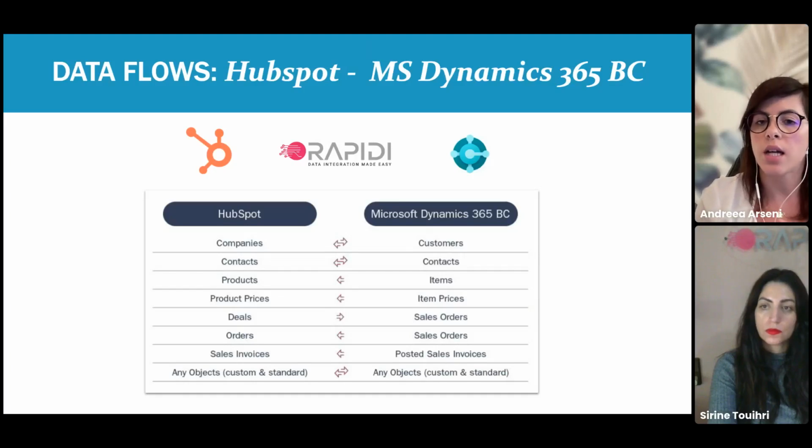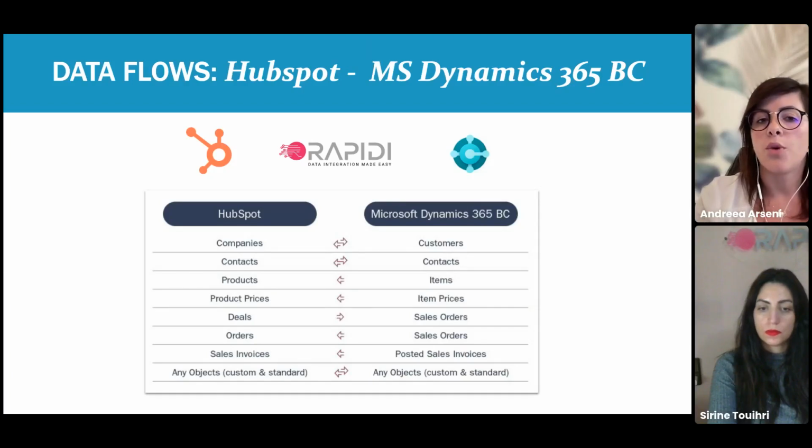So you would send customers to HubSpot. And then, of course, any updates you make in HubSpot can be sent back to your ERP so that you keep everything updated. The same thing happens for contacts. You create a new contact, and then you want this to be sent over to your CRM. And then you can also send it back if you have any updates in either of the systems.